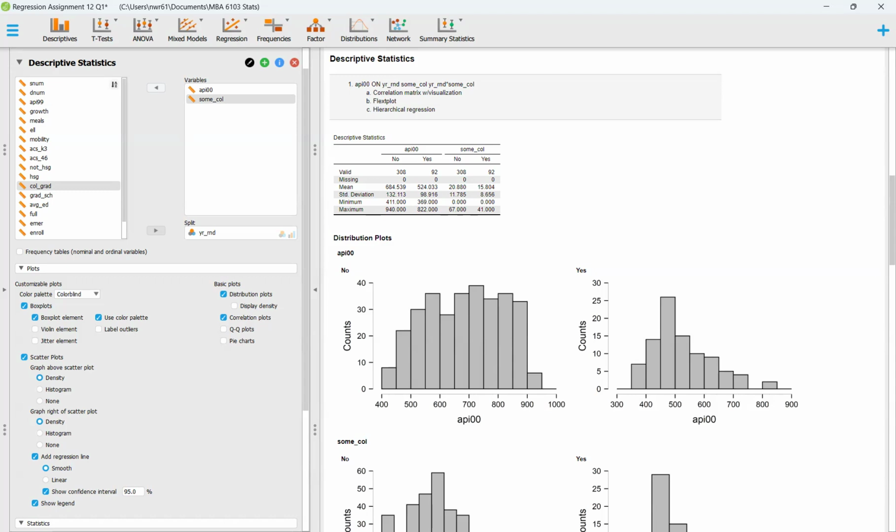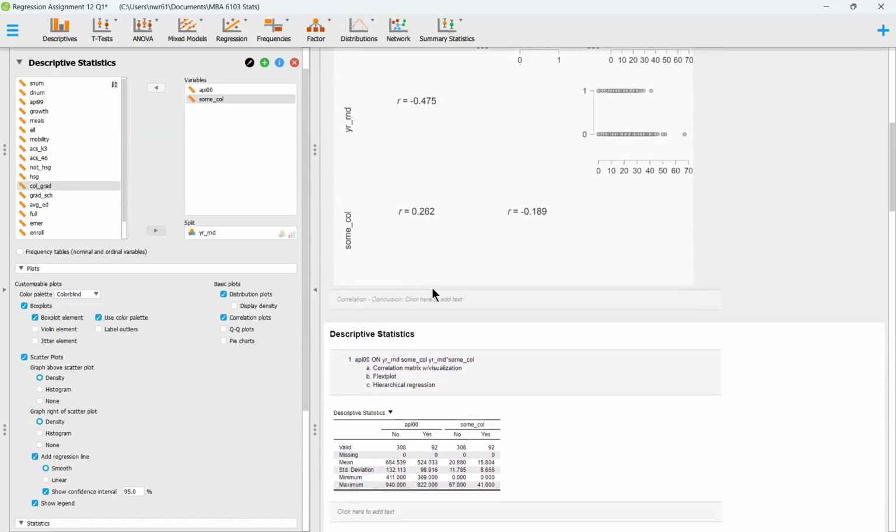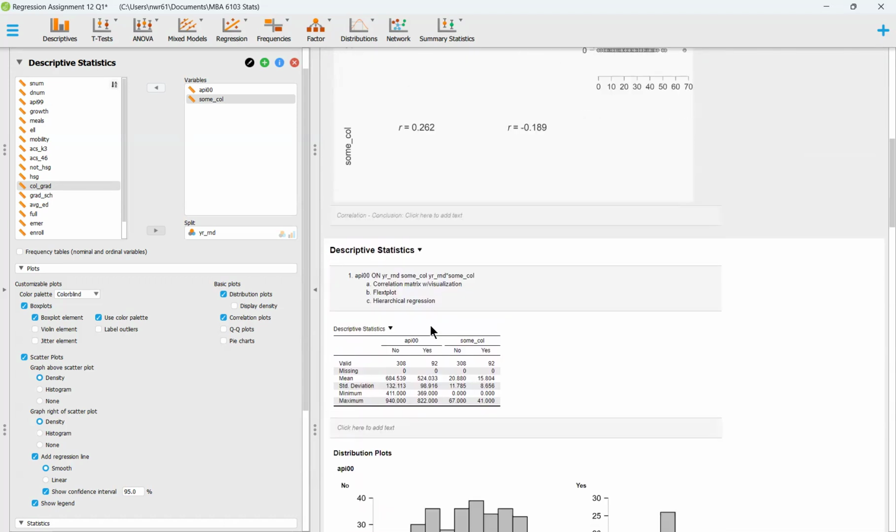Looking at the regression equation. So API 00, I'm using the mean for this.